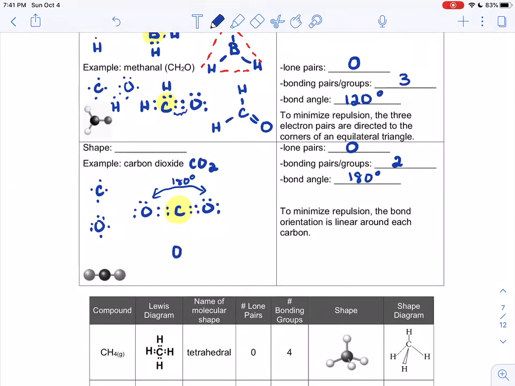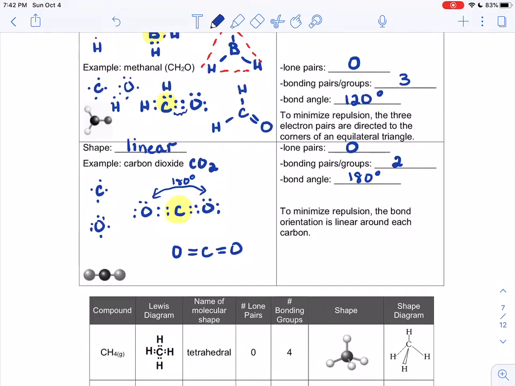Basically it's going to be O double bonded to a carbon, double bonded to another oxygen. It's going to look exactly like its structural diagram, no different than its structural diagram. And this shape, again, it's a line, so it is linear.